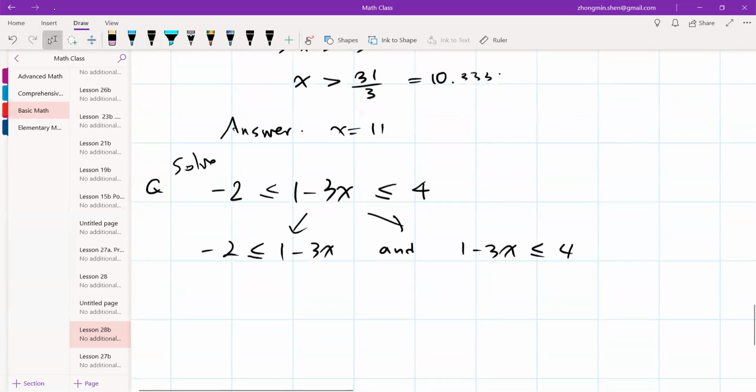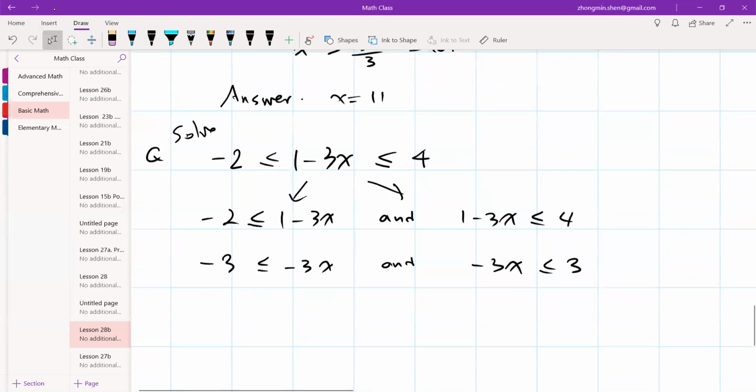Let's solve the first one on the left-hand side. You move 1 to the left-hand side, -3 greater than or equal to -3x, right? And this side will be 4 minus 1, which is 3. Now be careful, both sides you have to divide by -3, right?